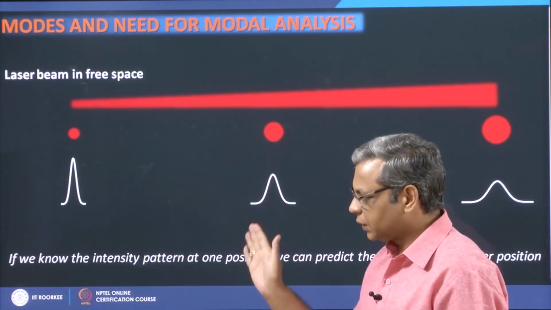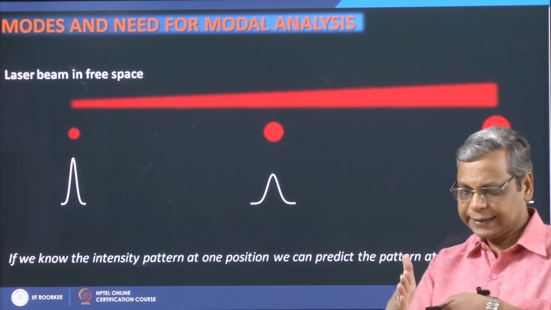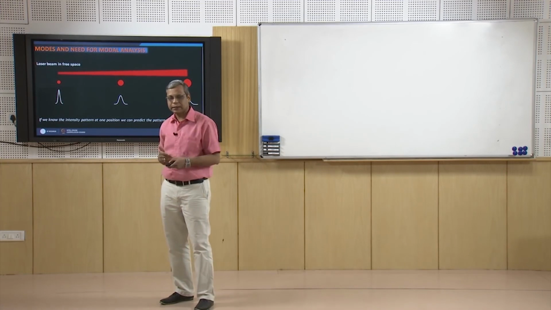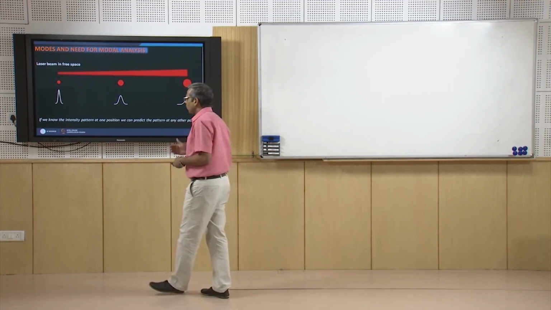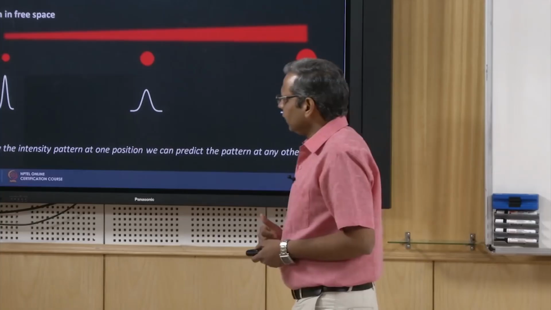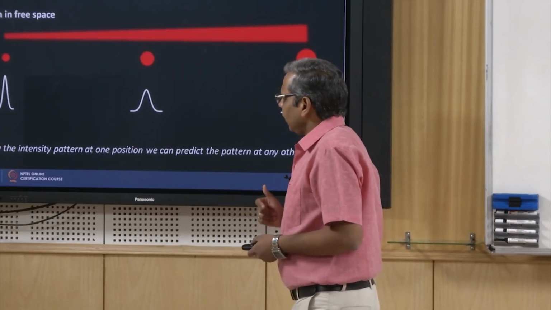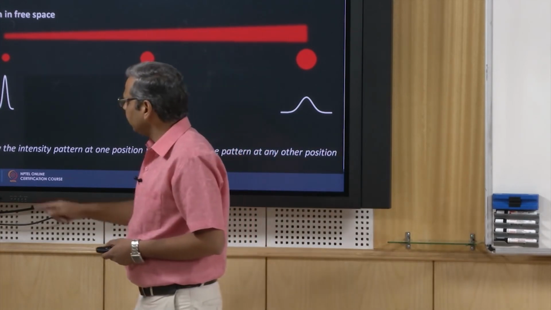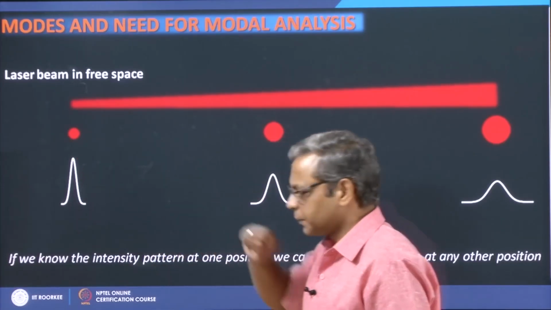If I capture this beam just at the exit of this laser, as soon as it comes out, then this spot looks like this. And if I see how the intensity of this spot varies along a diameter, it looks like this.